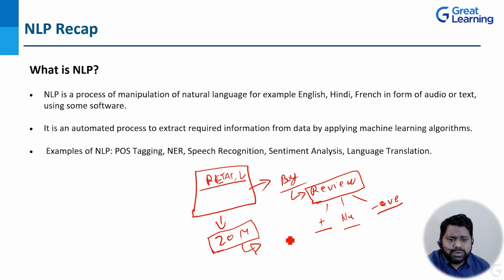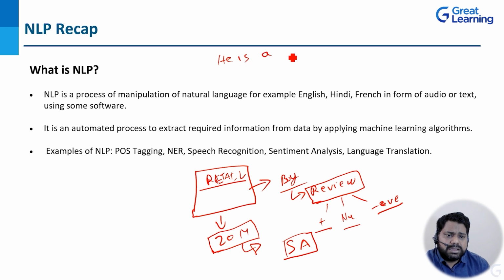So what they can do is use sentiment analysis. Sentiment analysis will do the text analysis and get the features from the text. Based on it, it can say whether the sentence is positive, negative, or neutral. For example, he is a good boy.